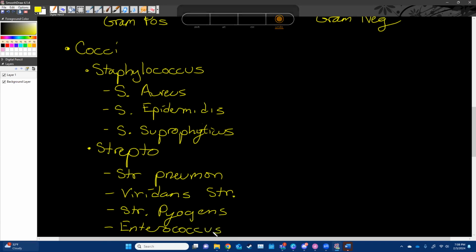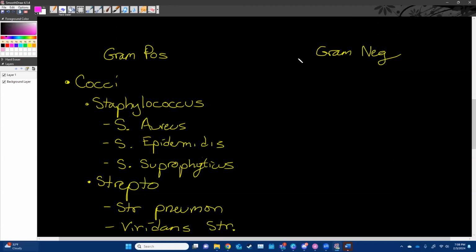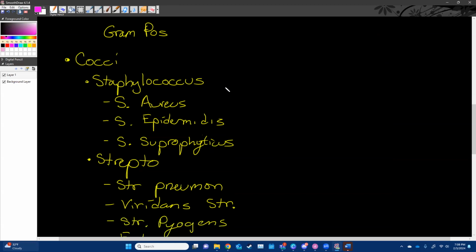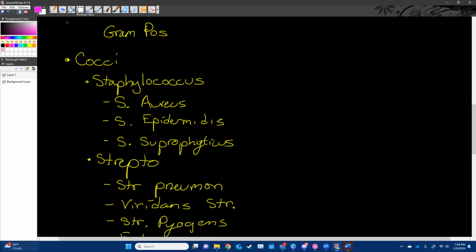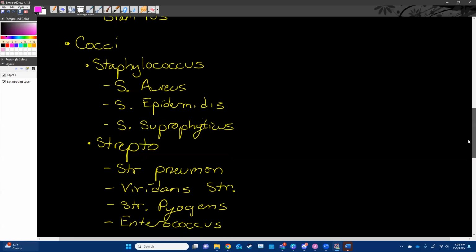One of the big things about the strep bacteria is that we look at their ability for hemolysis. Hemolysis is the idea that these bacteria will break down blood and use it as a source of energy. You might remember this from microbio, where we talked about the blood plates using pig's blood and stuff like that.